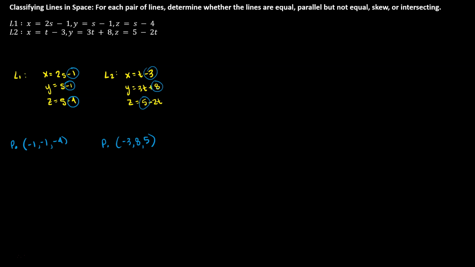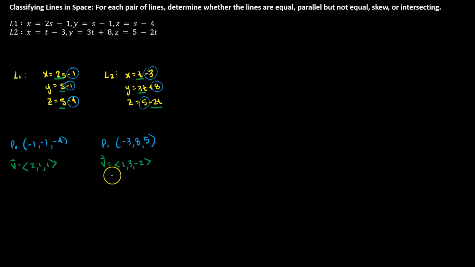So the constant terms tell you the coordinates of the point. The coefficients on the parameters tell us the values for the parallel vector, v. So for line 1, the parallel vector v looks like 2, 1, 1. I just pulled the coefficients off of the parameter terms. And then for line 2, the vector v would be 1, 3, -2.